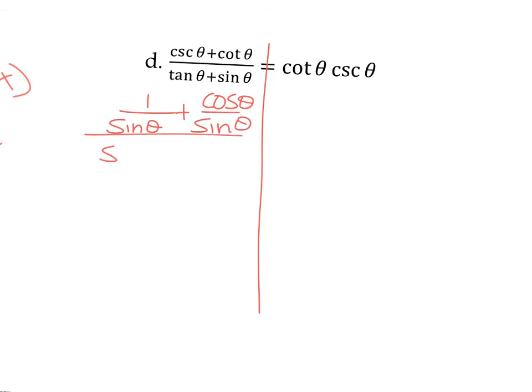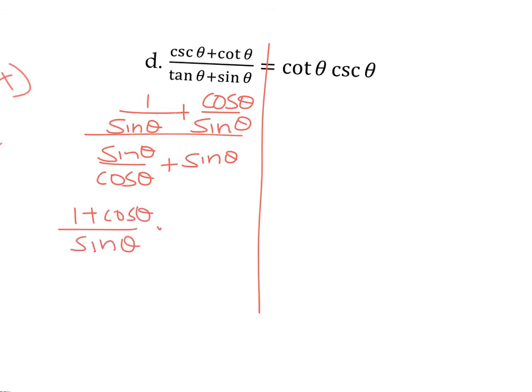All over tangent, which is sine over cosine, plus sine theta. So the top is going to be 1 plus cosine over sine times the reverse. Well, and if I find this, that's going to be sine cosine over cosine.